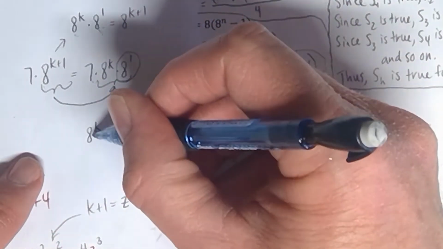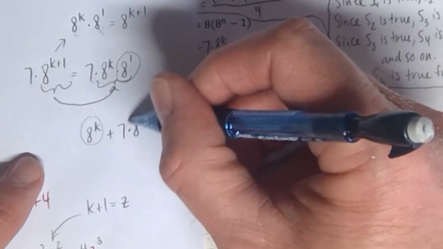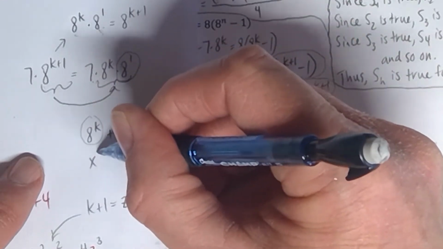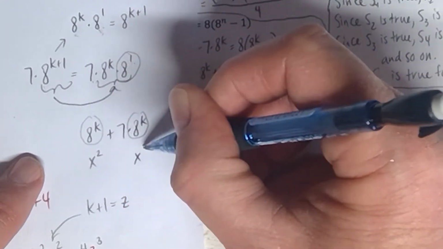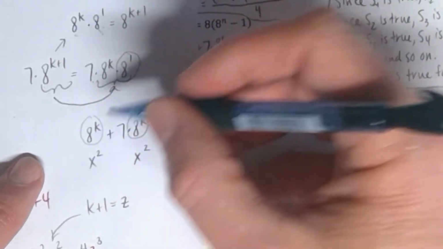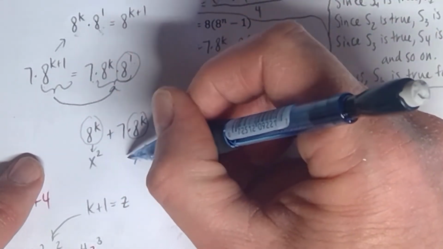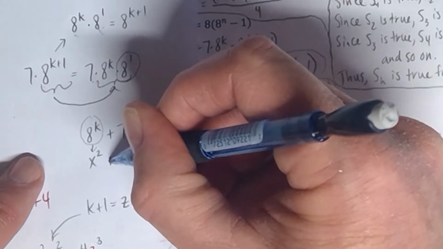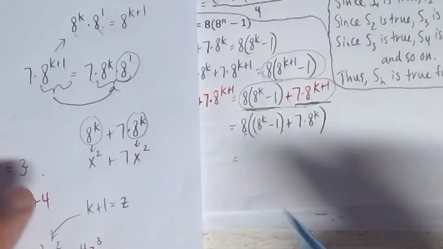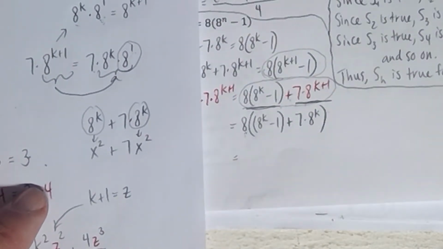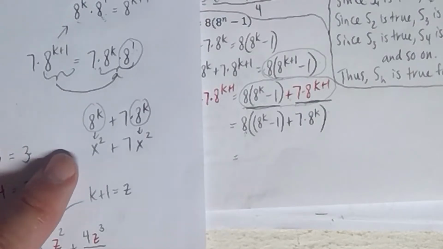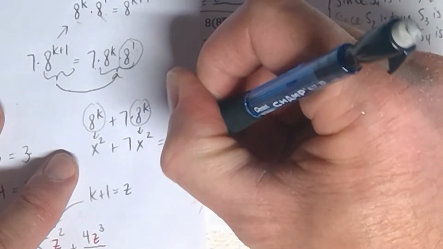I want you to pretend for a moment that the 8 to the k power is the same thing as x squared, because we're used to dealing with stuff like x squared. If that was the same thing as x squared right there, then wouldn't this be x squared plus 7x squared? And we know how to combine those terms, right? Wouldn't that be 8x squared?